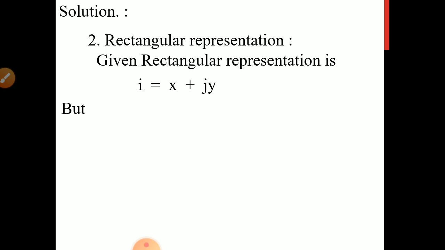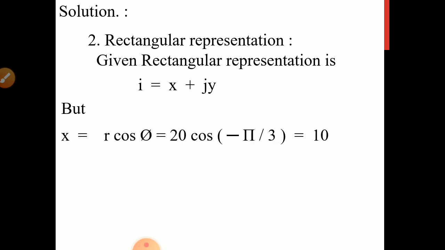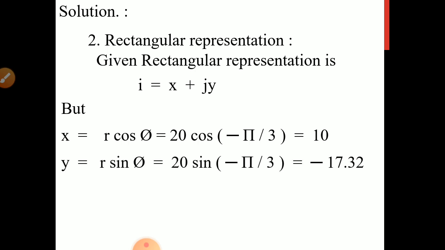X will be written in polar form as r cos phi, 20 cos of minus 60. Get the value from the calculator, it is 10. Similarly, y could be written as r sin phi, 20 sin of minus pi by 3, that is minus 17.32.